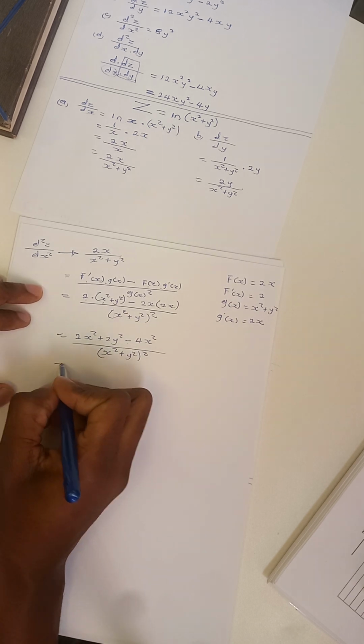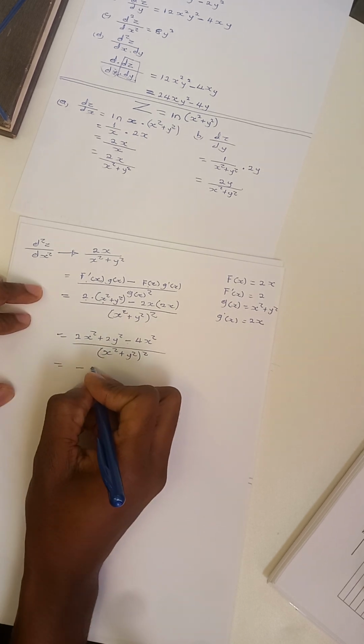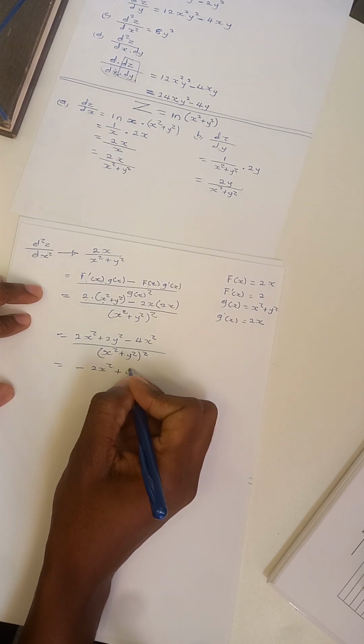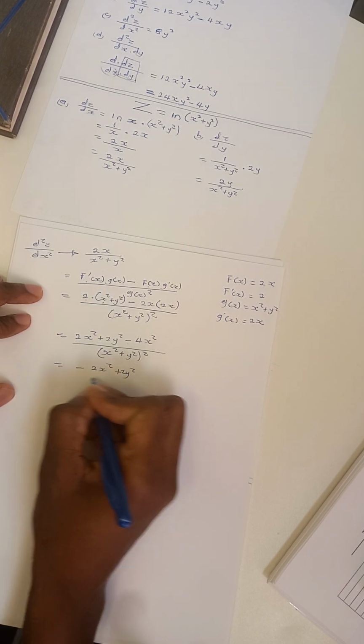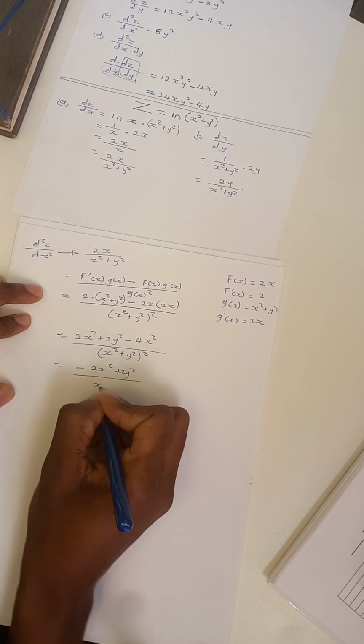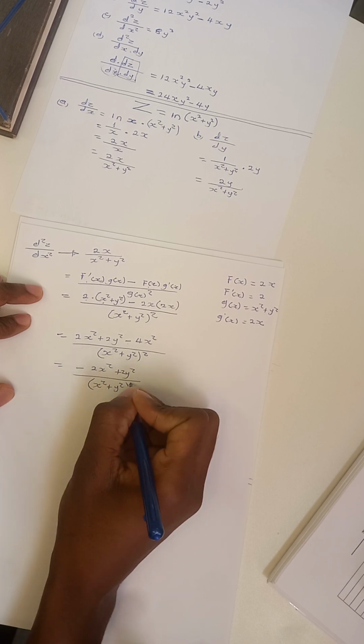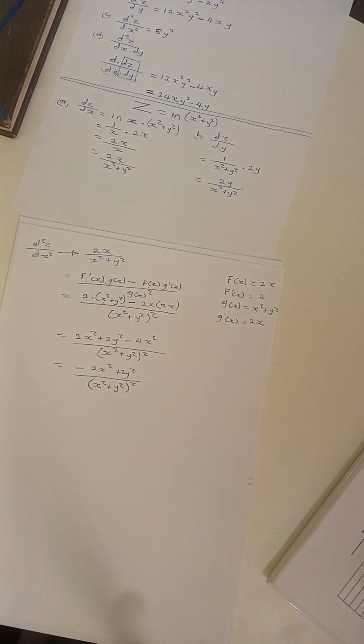So that's equal to negative 2x squared plus 2y squared, all divided by x squared plus y squared, and then all squared. And then this is how you get your second derivative of that one. I hope it makes sense.